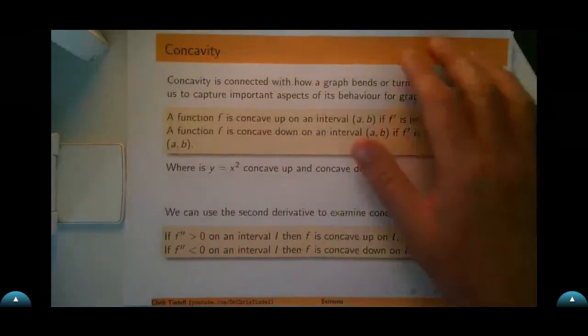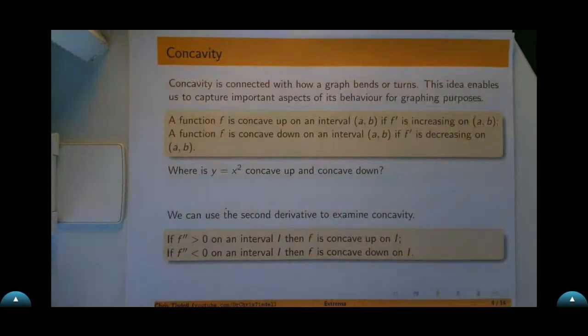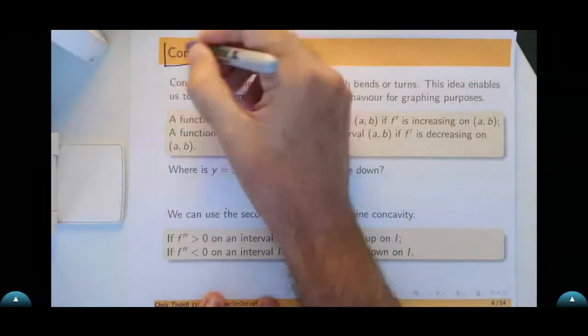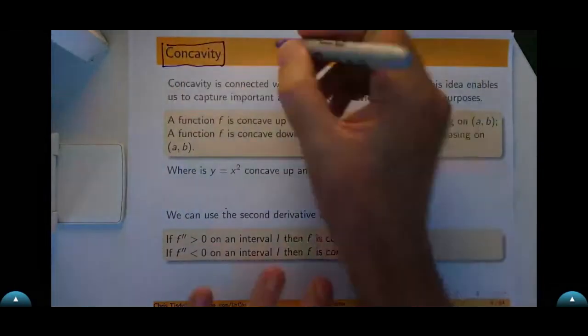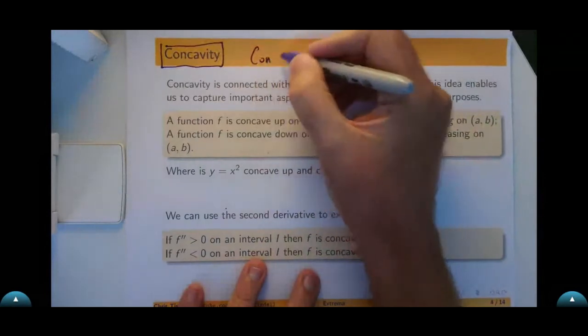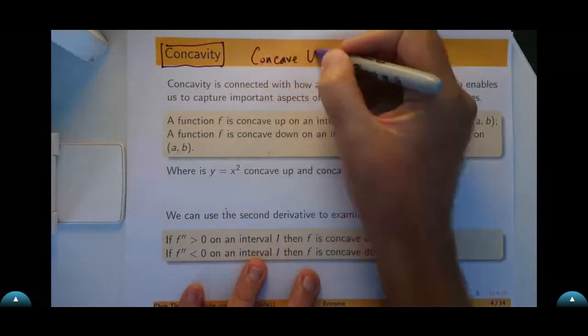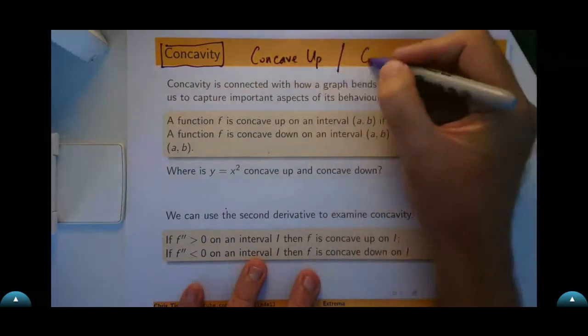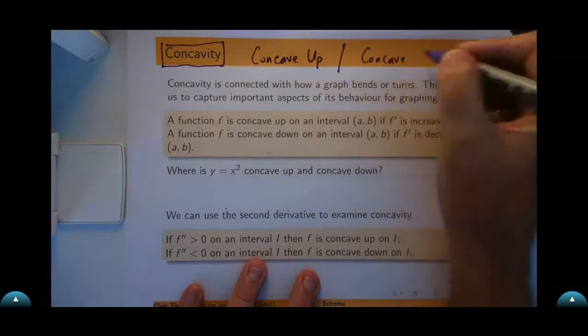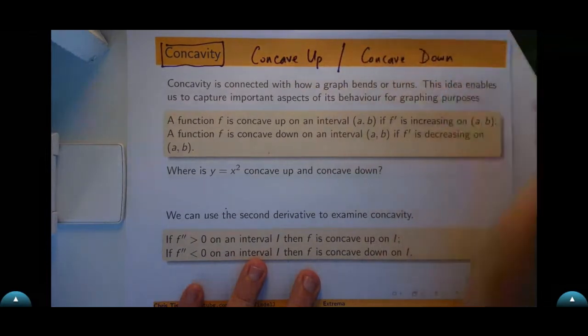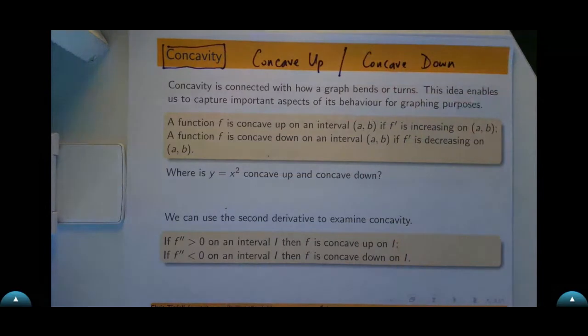The first new idea we're going to look at is the idea of concavity, and in particular concave up or concave down functions.